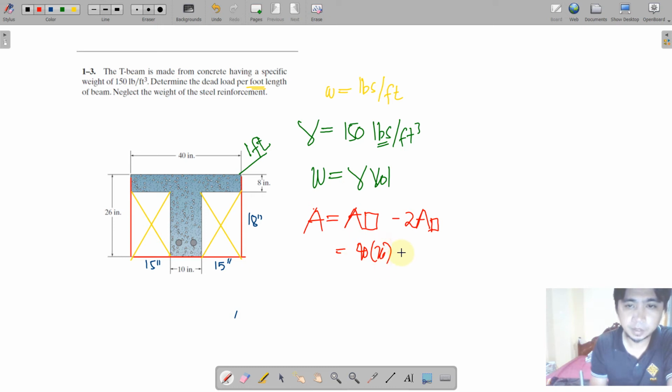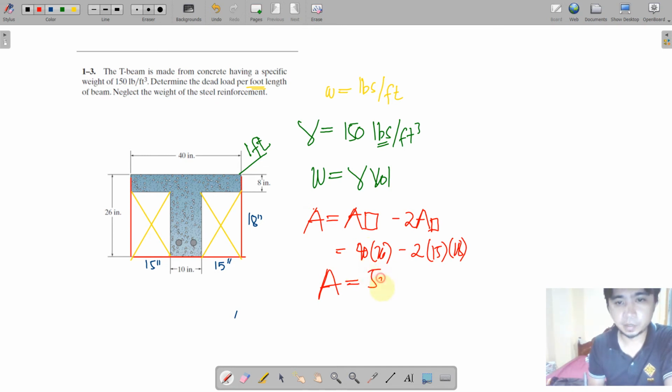Okay, minus 2 times the dimension 15 by 18. So therefore the area is equal to 500. We have 500 what? What is the unit? 500 square inches. Okay, so 500 square inches.